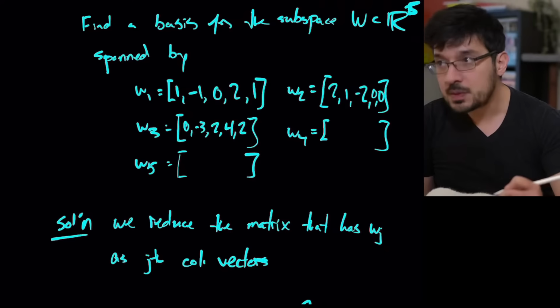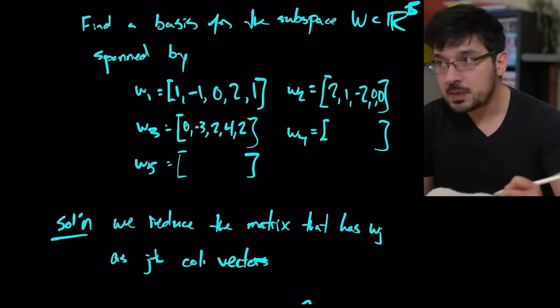Oh, there's 6 vectors. What am I talking? Oh, I see. W6. So we know immediately that because there's 6 vectors in 5-dimensional space, they can't all be linearly independent. Yeah, so there's 6. 5, 7, negative 3, negative 2, 0.